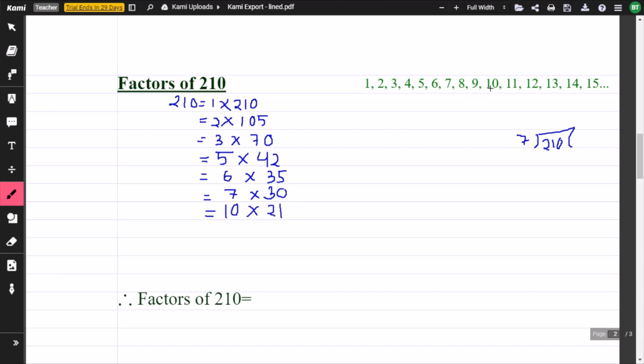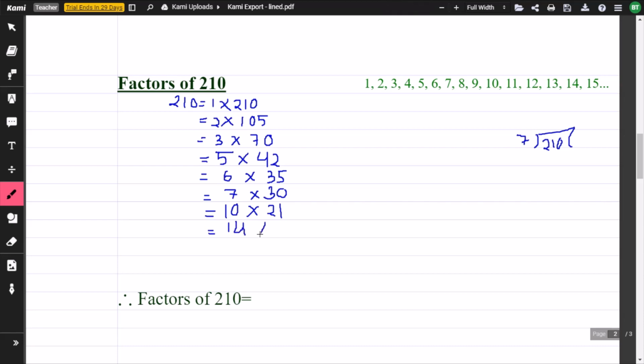After 10, the next number is 11. Is 210 divisible by 11? 210 is not divisible by 11, so we cannot take 11. After 11, the next number is 12. 210 is not divisible by 12. 13 is the next number. 210 is not divisible by 13. After 13, the next number is 14, and 210 is divisible by 14.